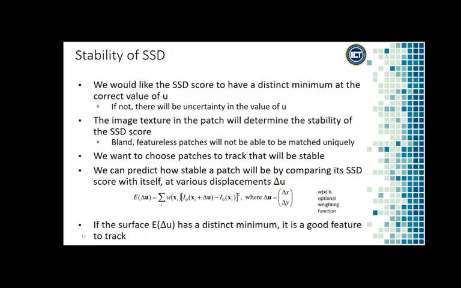So we want to choose the patches that are stable to match, and we can predict how stable a patch will be by comparing its SSD score with itself in the image at various displacements. So we displace a particular point, the intensity values, and then we see how stable the patch is. And how can we do that?